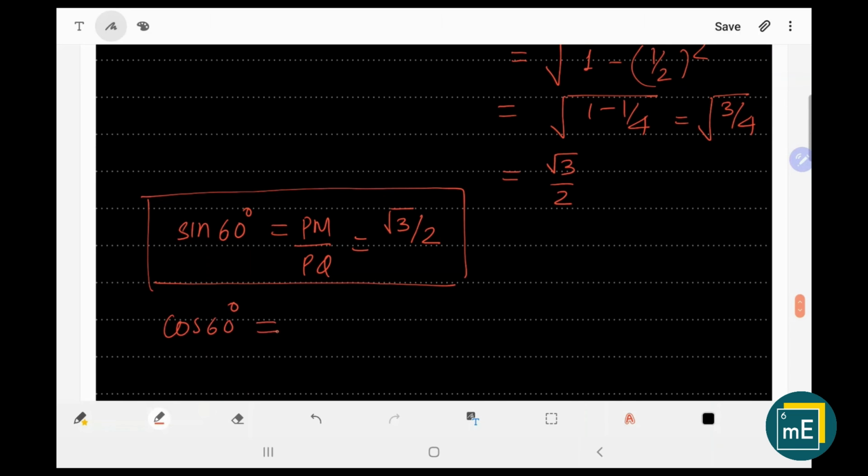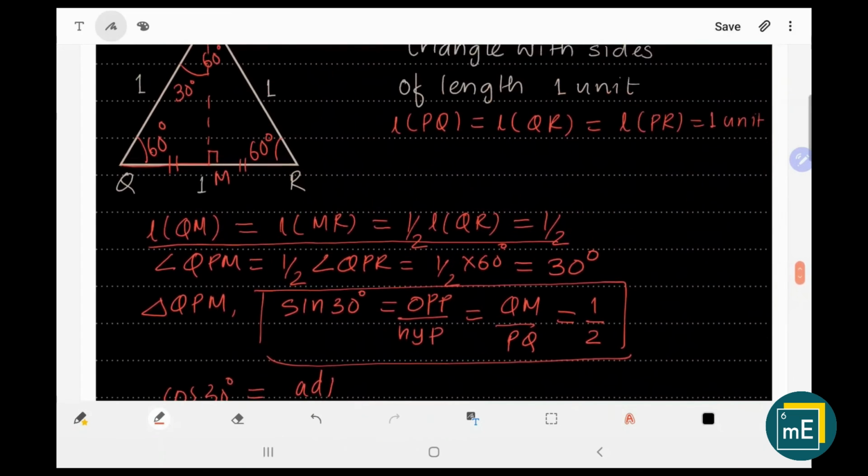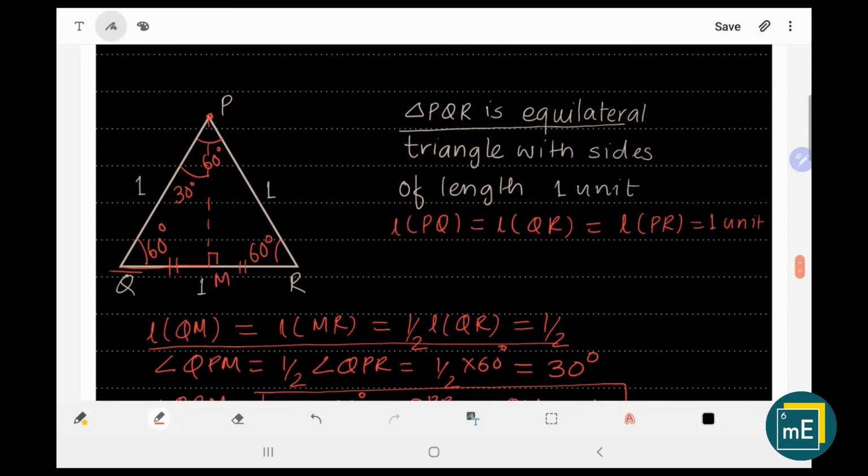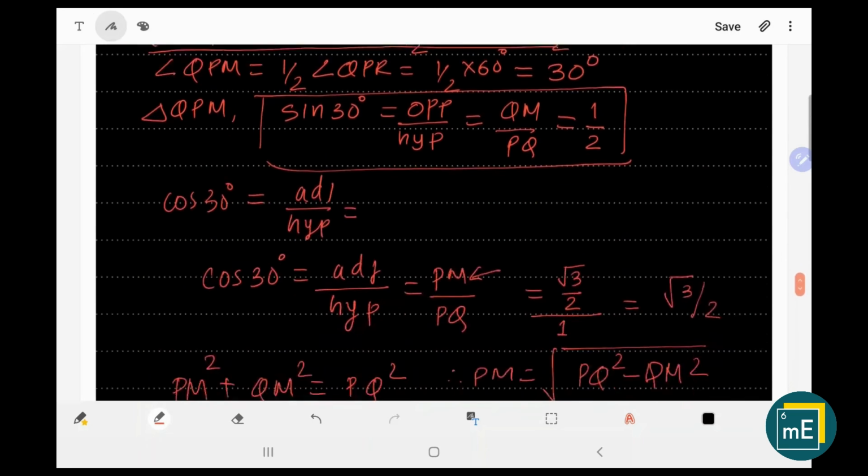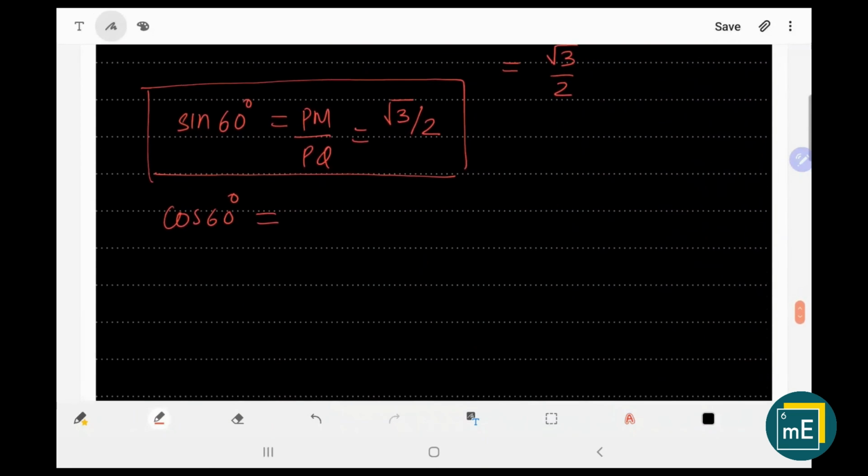Cos 60, using the definition, becomes the adjacent side, which is QM, upon the hypotenuse PQ, which is nothing but half upon 1, which is nothing but half.